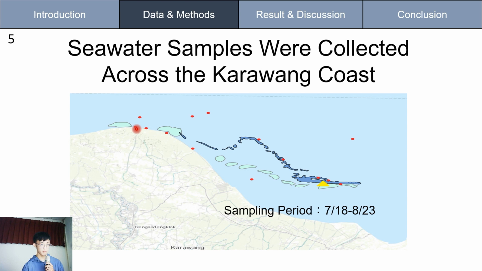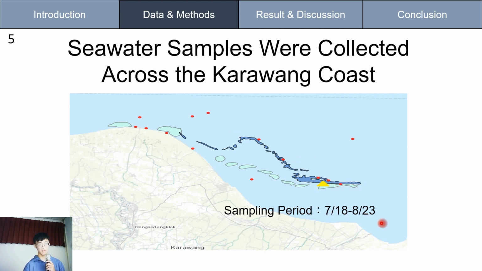And the red points are the sample locations, and the yellow triangles are where the oil spill occurs. And the graph also shows how the oil spread.